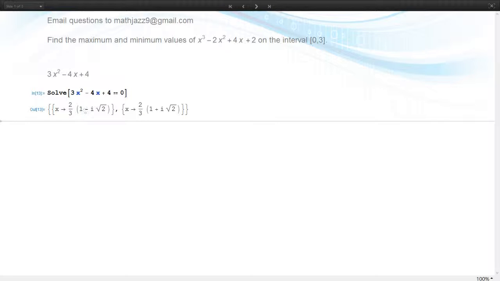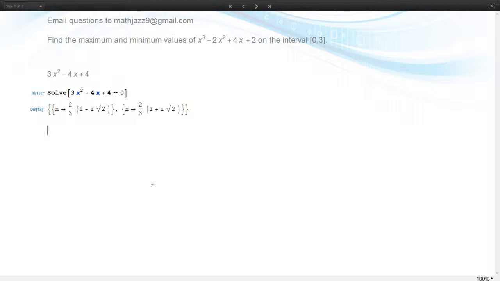We get that this function here, all of its roots are imaginary, as given by these i's here. So that means that we have no places where the derivative equals 0, or at least no places on the real number line. We're only doing calculus on the real number line for this video.